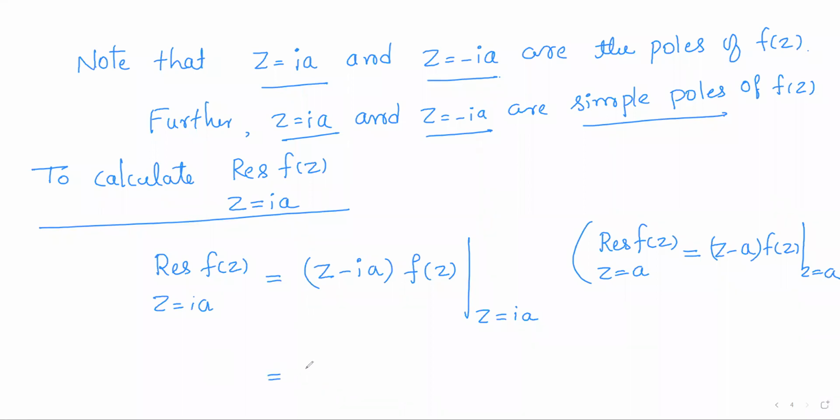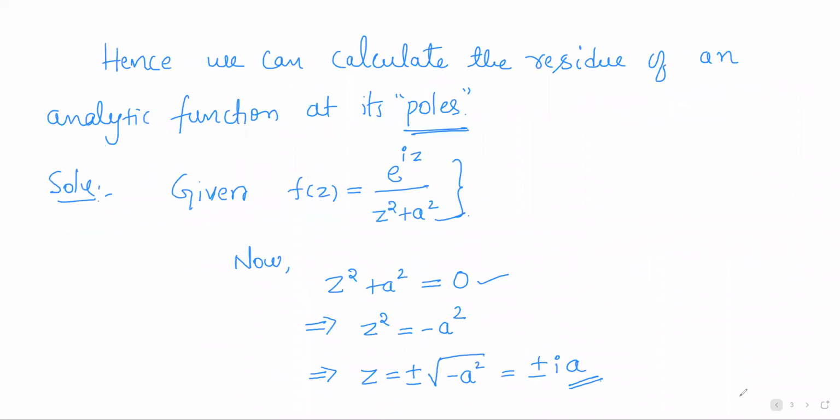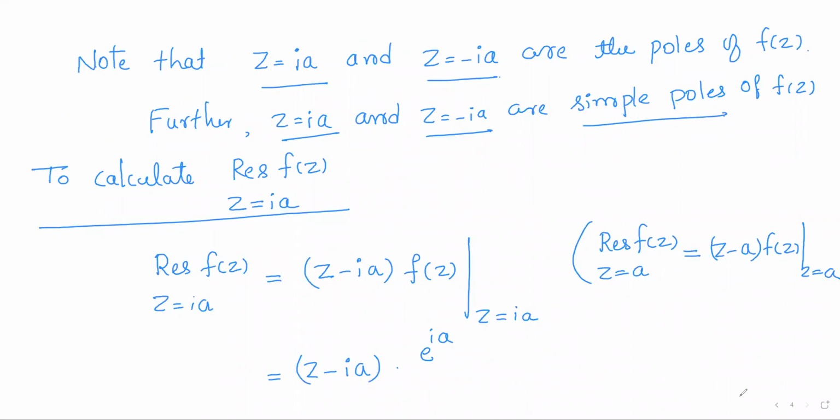Now we shall simplify this. So z minus ia into what is f of z? It is e to the power iz divided by z square plus a square, right? At z is equal to ia.